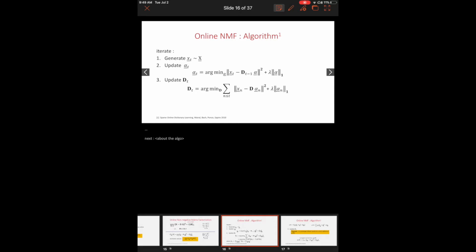Now note that in each iteration in this algorithm, we only need to solve a small dimensional convex problem, and we do not need any storage because of this representation of these problems.